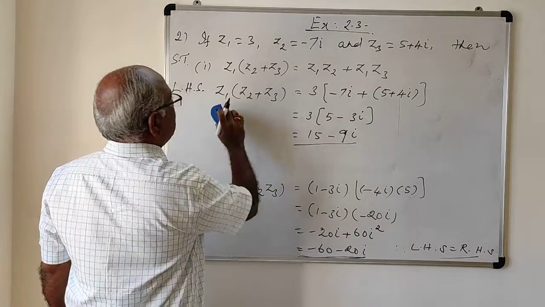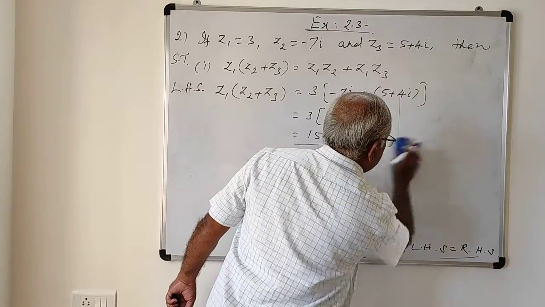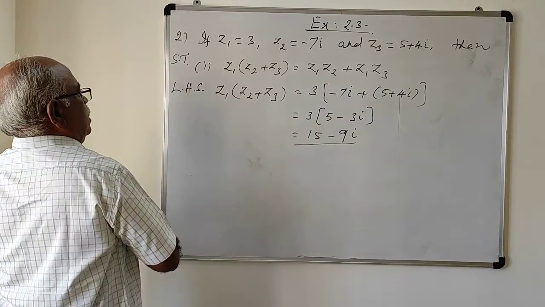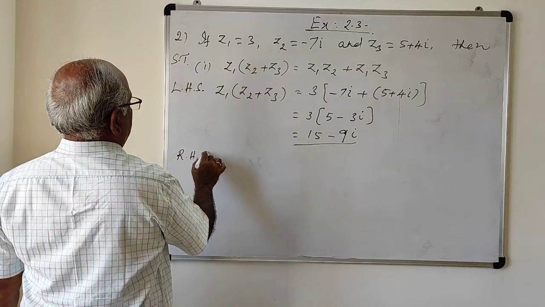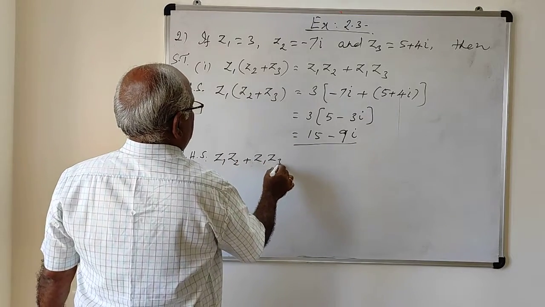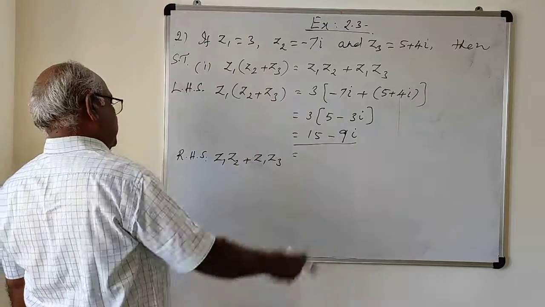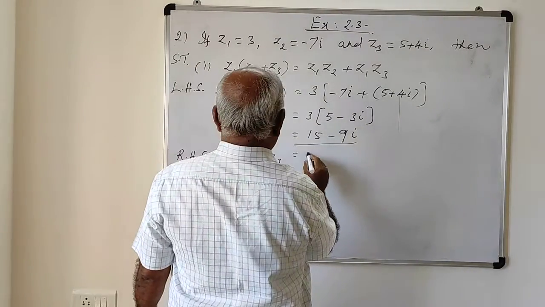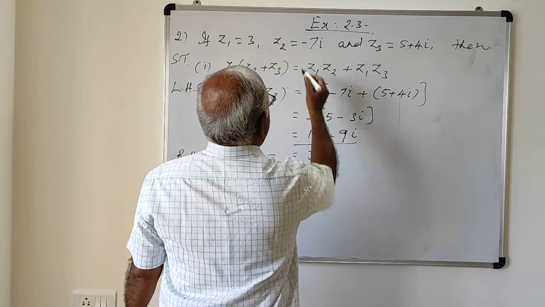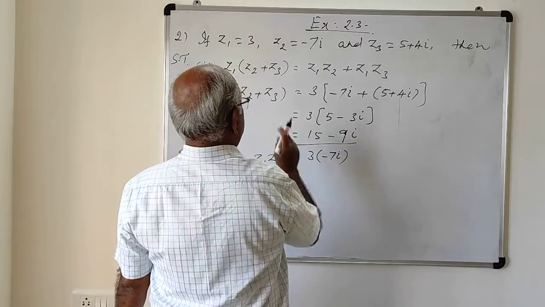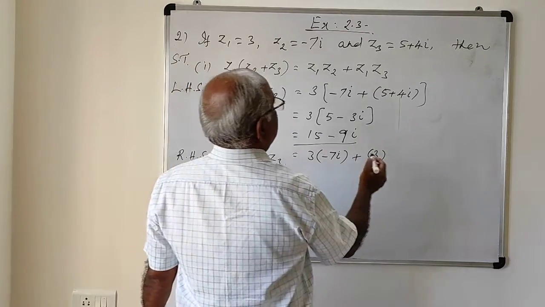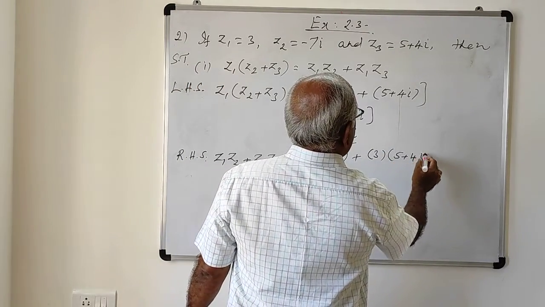And the right hand side: z1 z2 plus z1 z3. Z1 is 3 into z2, minus 7i, plus 3 into z3, 5 plus 4i.